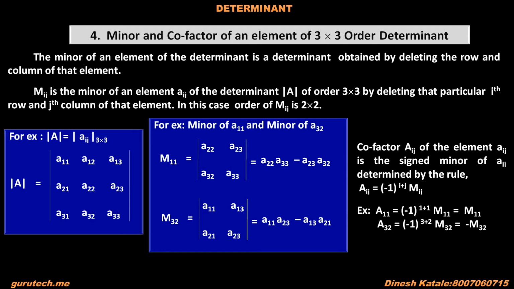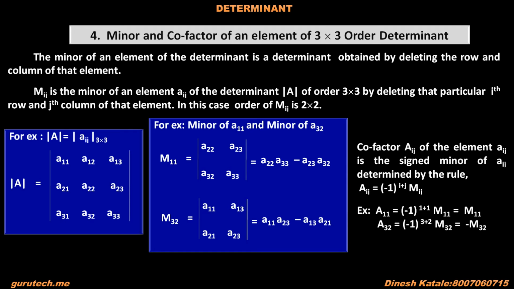Means this sign of cofactor depends on minus 1 raised to i plus j, where i is the number of row, j is the number of column, and if i plus j is even, then its sign is positive. If i plus j is odd, then its sign is negative.